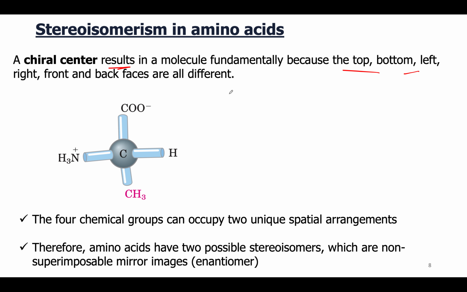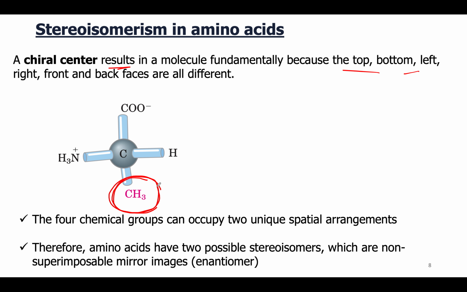If we look at this particular structure of an amino acid that we looked at previously, it has a chiral center because the 4 hands of the carbon atom are bonded to 4 different chemical groups. This aspect is marked in red because this is the side chain of an amino acid.